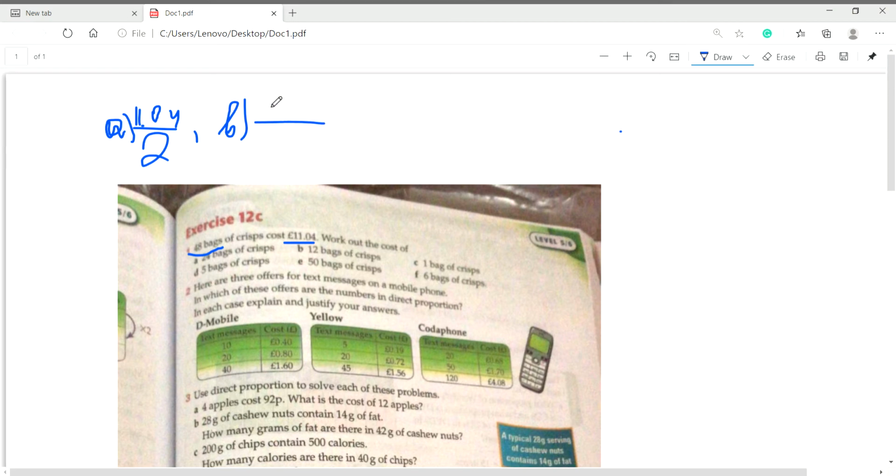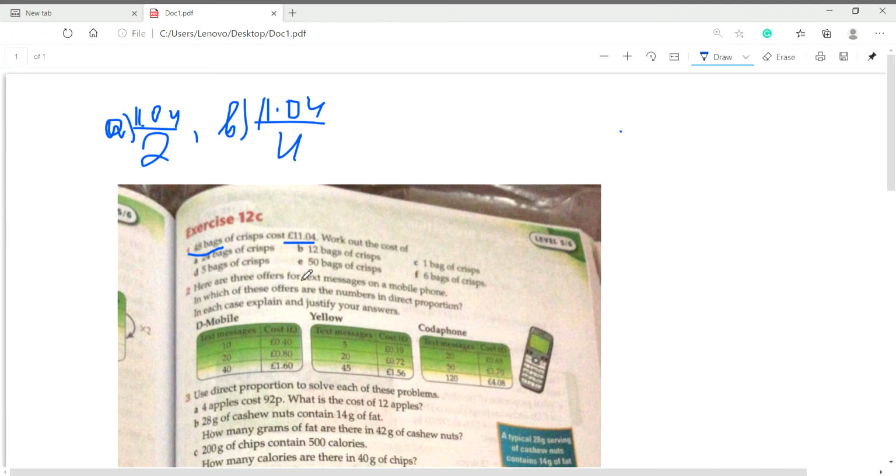That's why you will need to divide this price also by 4 to find the price. Or in C1, if the price of 48 is 11.04, to find the price of one bag you will divide 11.04 by 48.